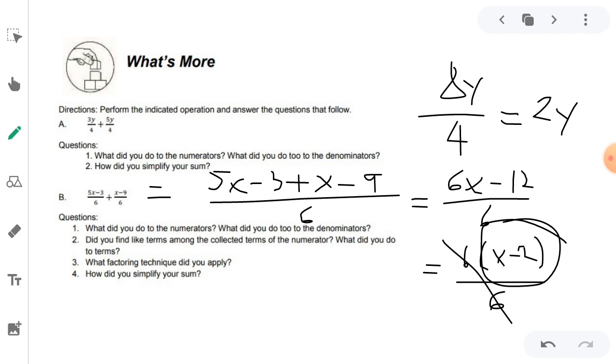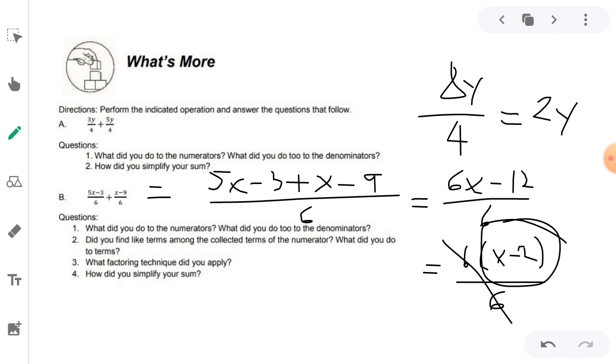So what did you do to the numerators? Again, we add or combine like terms and then copy the denominators. Did you find like terms among the collected terms of the numerator? Yes, we add the like terms or combine them. And then number 3, what factoring technique did you apply?